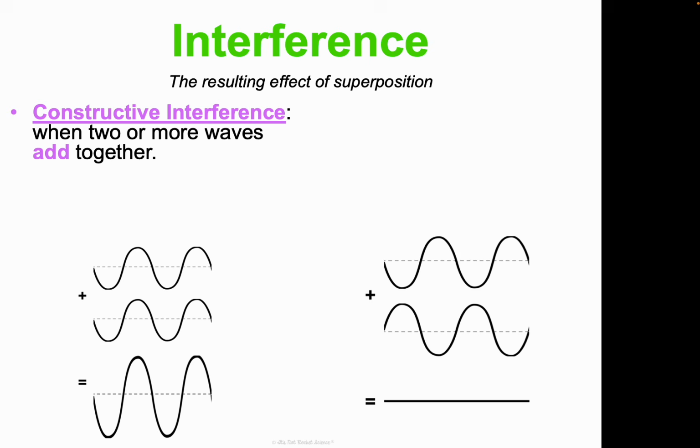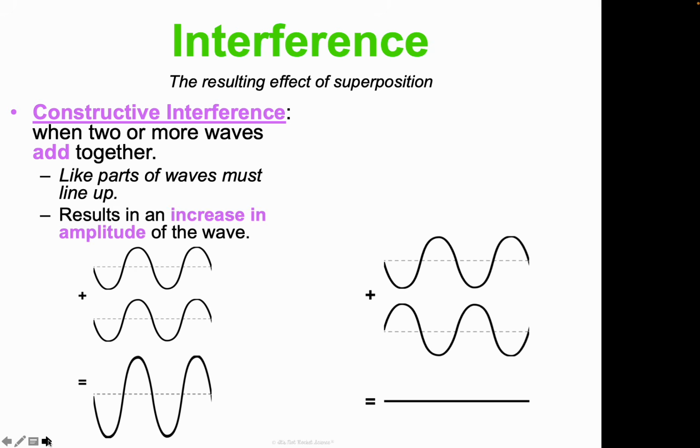Think about if you add 5 plus 5, you get 10. That's a bigger number. That's what we see in this picture. This happens when the parts of the wave line up. So the troughs line up, the crests line up. What we get as a result is, see how the amplitude of this resulting wave is bigger than these two? That's constructive interference. Again, we get an increase in amplitude of the wave.